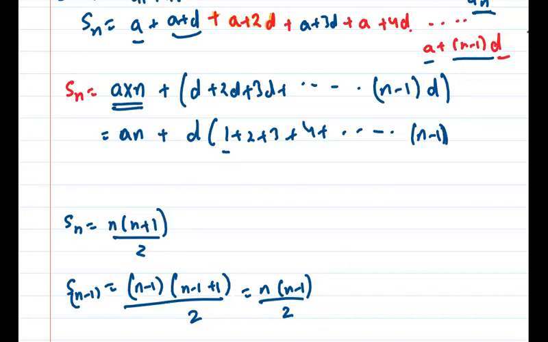So now this has become smaller. This is an plus, now this whole term is n into n minus 1 by 2 into d. Agree? Tell me, agree? Got it?